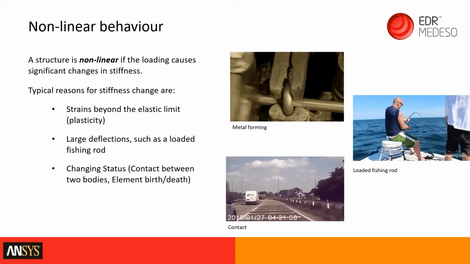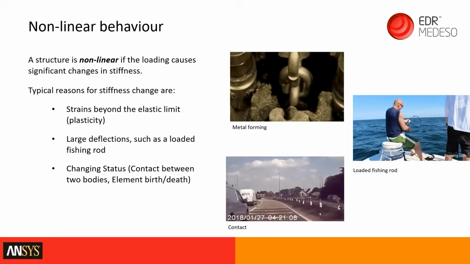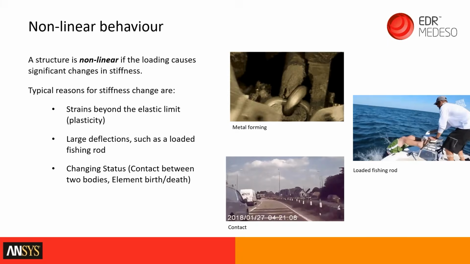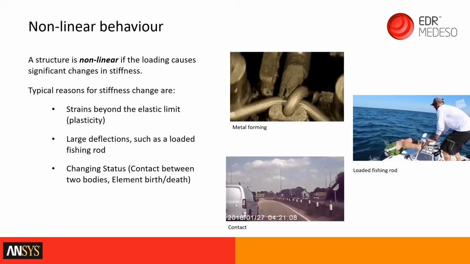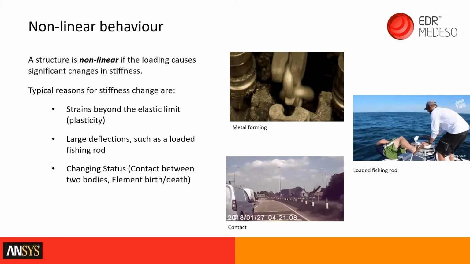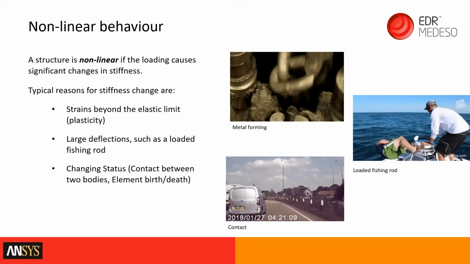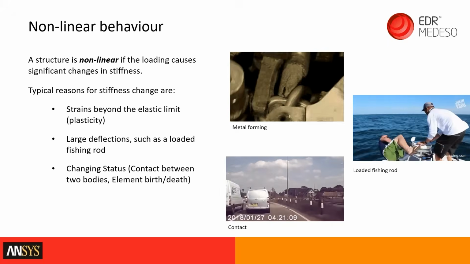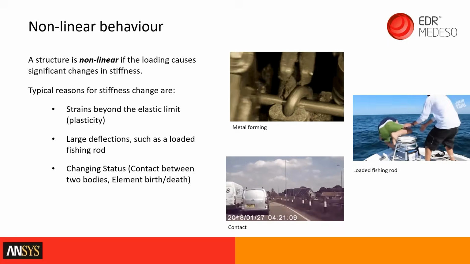When you have a fishing rod in its horizontal position, you can apply a small amount of load to the tip and you get quite a large deflection. But when it gets into its vertical position, it becomes quite a stiff structure, and you need much more load in order to deform it. We can see in the animation that the load's so high, it pulls the guy off the side of the boat.